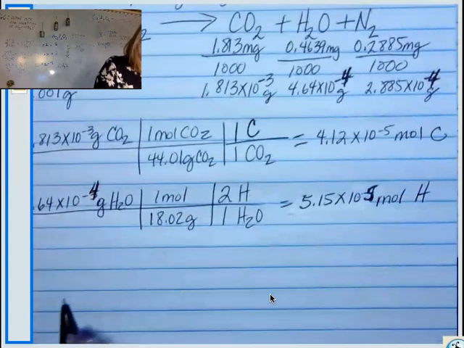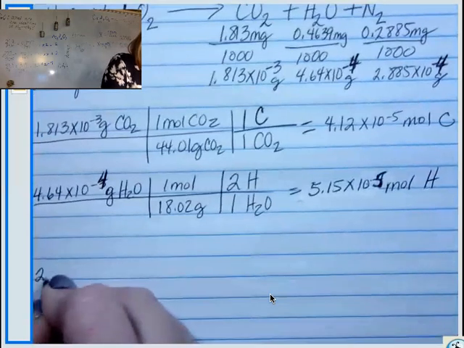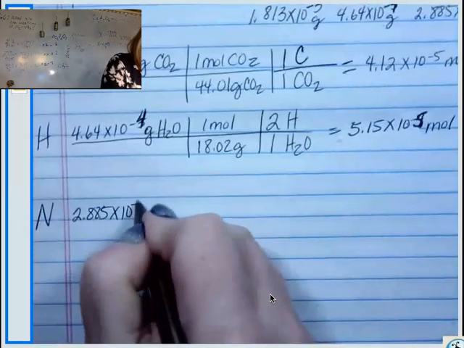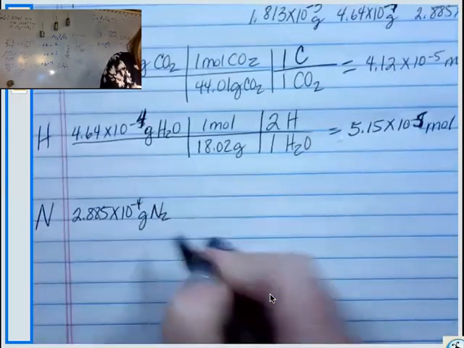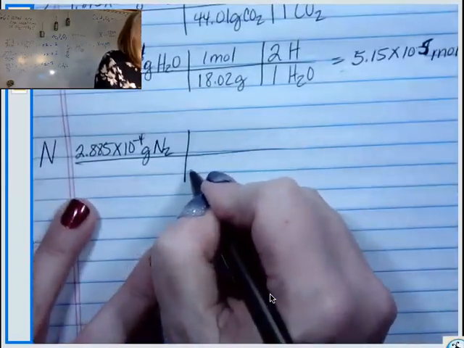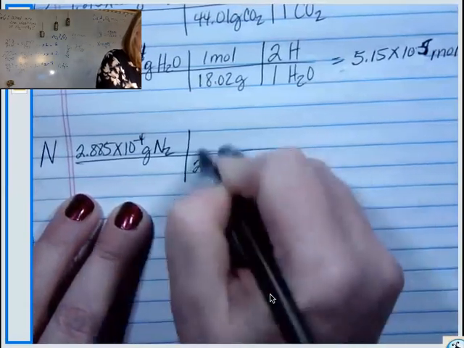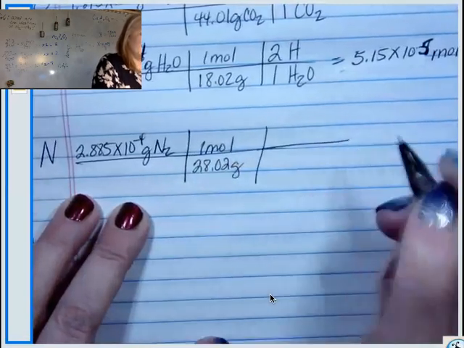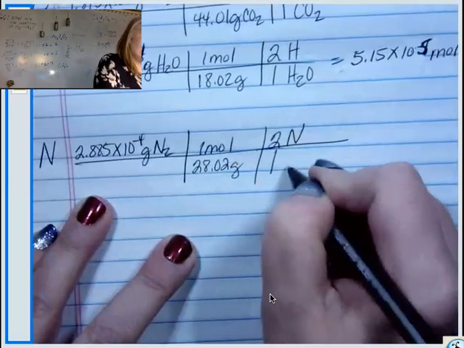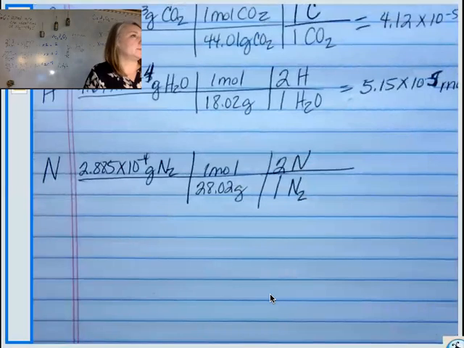Okay, last one that we can work with. Starting off with your nitrogen, we've got 2.885 times 10 to the -4th grams of N2. For our molar mass of N2, that's 28.02 grams in 1 mole, and then that is 2 N's in every 1 molecule of N2. Y'all understand where we got the numbers on that?